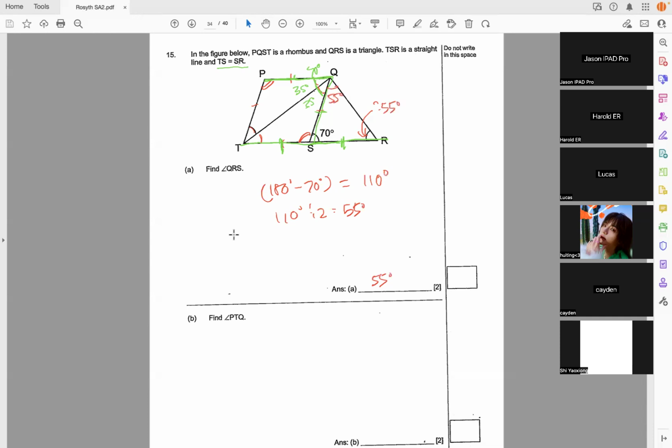Okay. Now, angle PTQ. PTQ will be 35 degrees. We just calculated just now, but let's do the actual calculation. Yeah. So this is 70, right? 70 divided by 2, 35 degrees. That's good enough. Okay. Any question? We've now gone to question number 16.